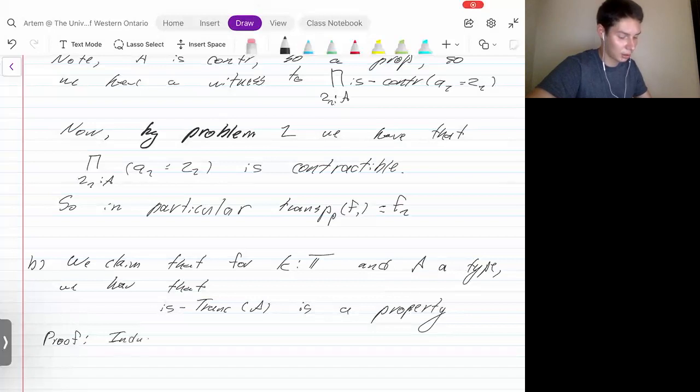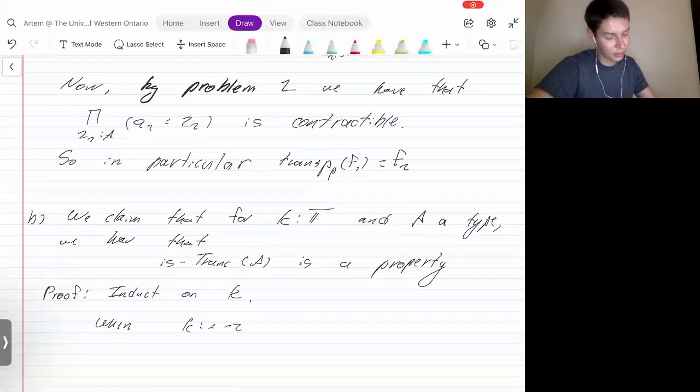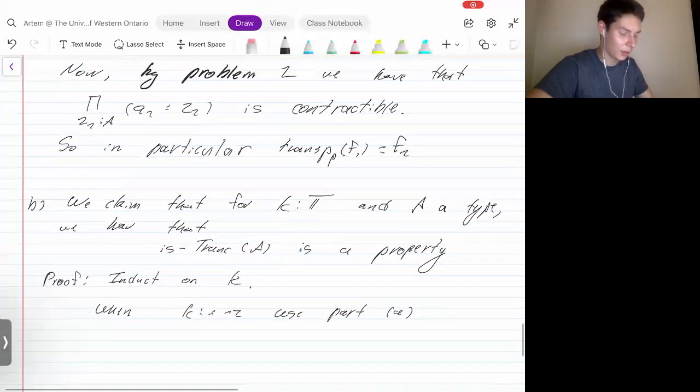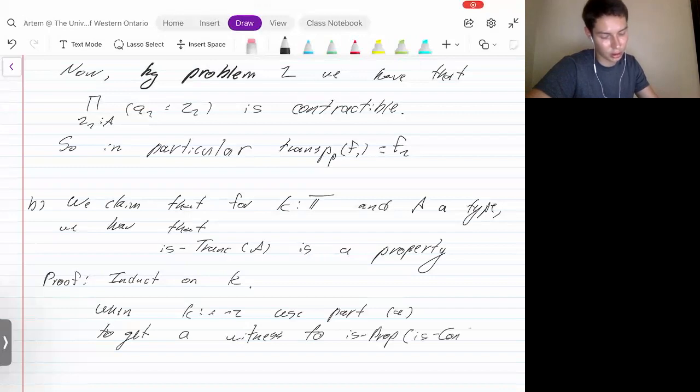So the proof is, induct on K. When K is -2, use part A that we already have to get a witness to is prop, is contractible A. Okay.